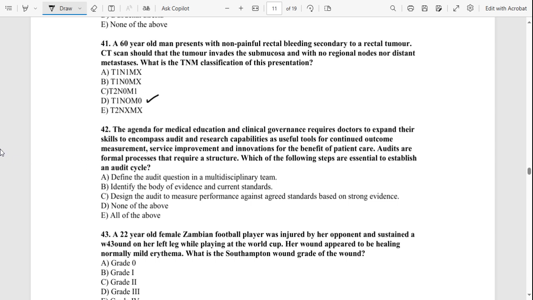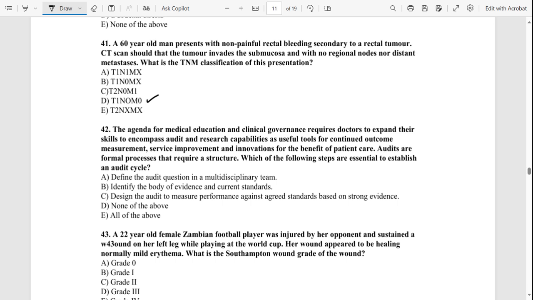Number 42 is saying the agenda for medical education and clinical governance requires doctors to expand their skills to encompass audit and research capabilities as useful tools for continued outcome measurement, service improvement, and innovation for the benefit of patient care. Audits are formal processes that require a structure.